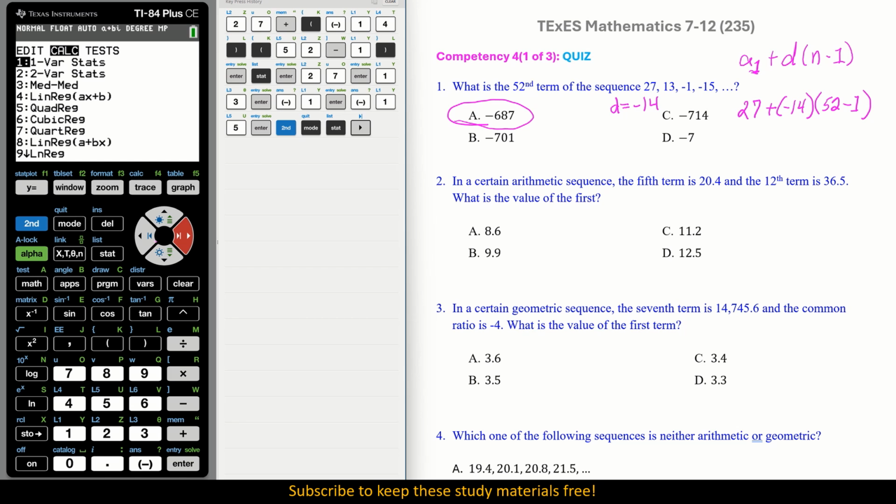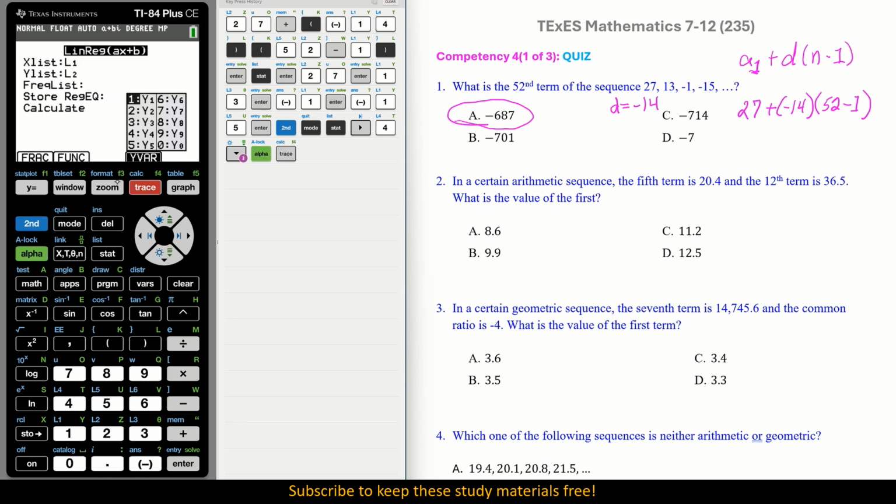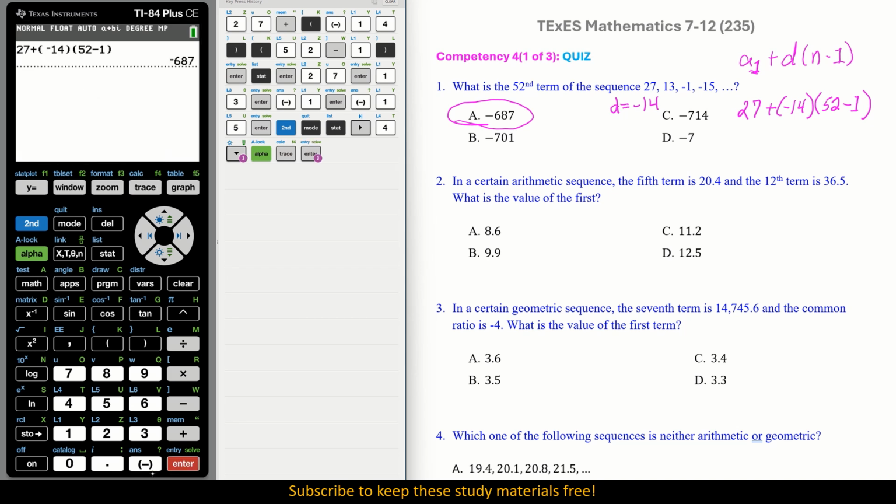I showed in another video that if we reduce our formula, we actually get a linear situation. That's why you want number 4. Go down to where it says to store. We want to store that in alpha trace number 1, saving it there for our purposes.